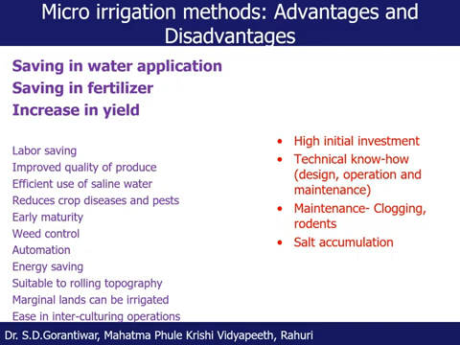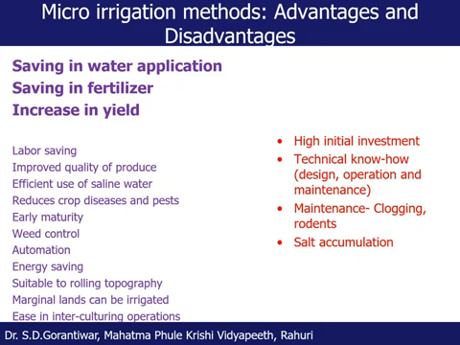In the case of the sprinkler irrigation method, of course, this is also an advantage. In the case of the drip irrigation method as well, as both methods operate under pressure. Okay, so if the topography is rolling, and the land is not, say for example, properly shaped, and if we design the system properly, then this method is suitable for rolling topography as well.